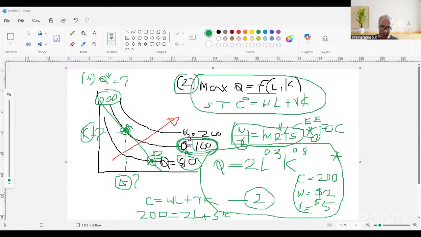Now, the other thing, the second one I discussed with you, maximization: maximize output given labor and given capital.